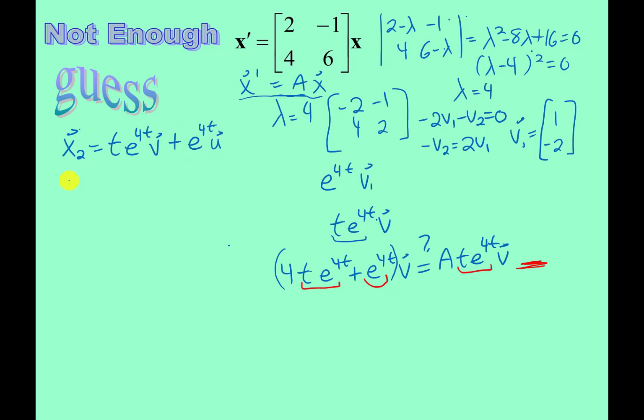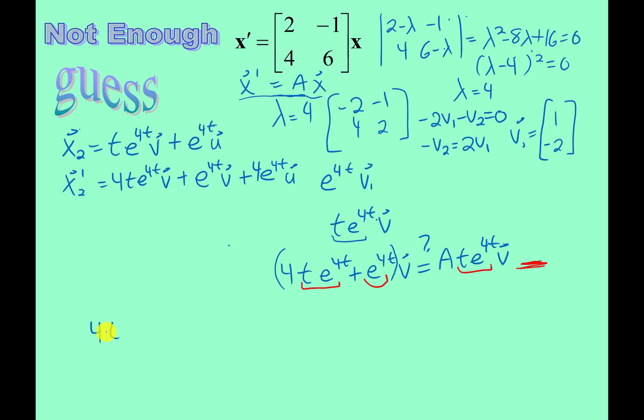All right, so let's take the derivative. First times the derivative of the second plus second times the derivative of the first. And then our second term, we just need a chain rule for that one. So it's 4e to the 4t u. So that is what our derivative side looks like. And we want to put that equal to, I'm going to write it down below because I need more room.